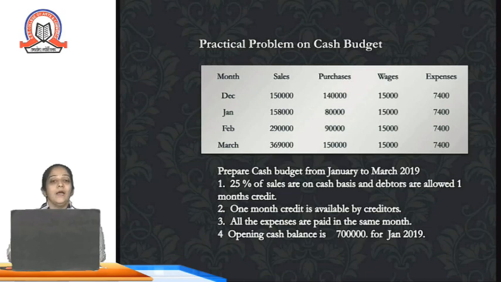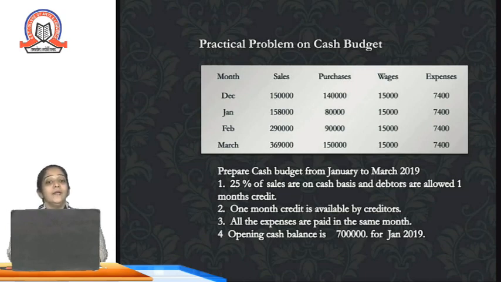That means 1,50,000 is the sales for the month of December. Now from that 1,50,000, 25% I receive in the month of December only, and the remaining amount, that is 75%, I am going to get in the next month. Now how did I come to know that it will be in the next month?